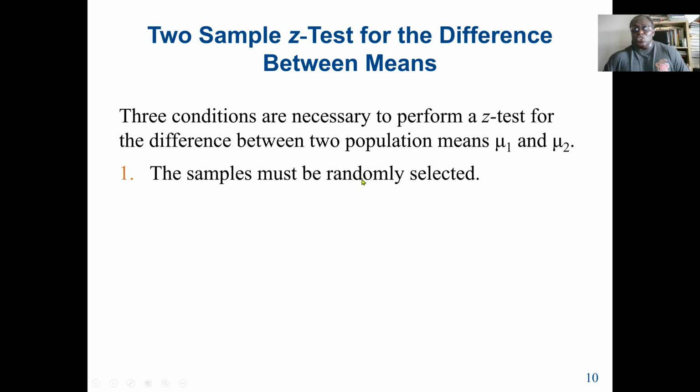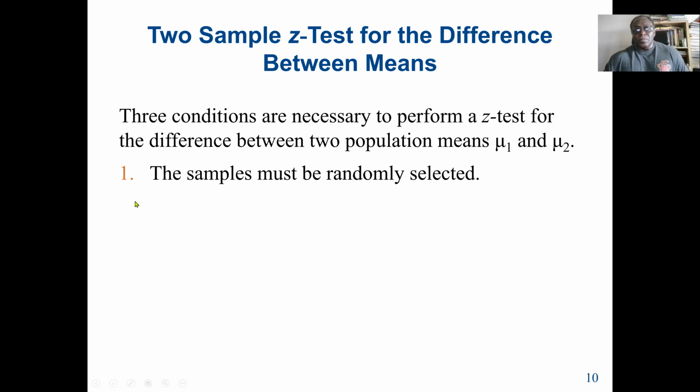First step, we state the H0 and HA. Second step, we need our Z-test now. These are the 3 conditions that are necessary to perform a Z-test for the difference between the 2 population means. It's the same steps, but since we are testing 2 populations, it's a little different from testing only 1 population.